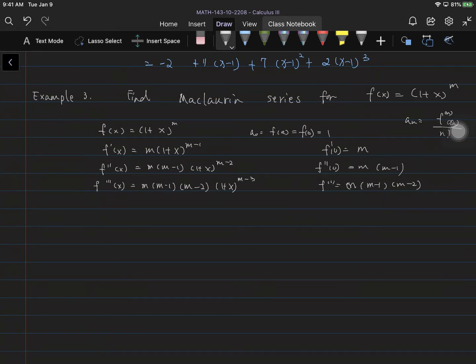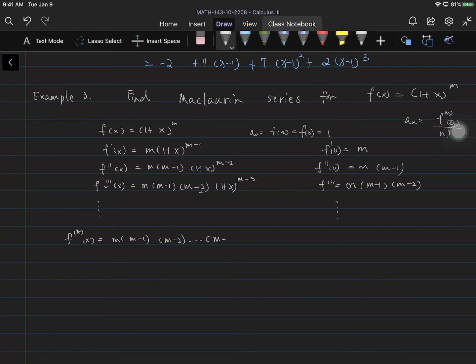Okay, so in this case, we can skip the middle steps and see what the kth order derivative is going to be. m times (m minus 1) times (m minus 2) and so on. Here the last factor is m minus 2 for the third derivative, so it is 1 less than the order of the derivative.